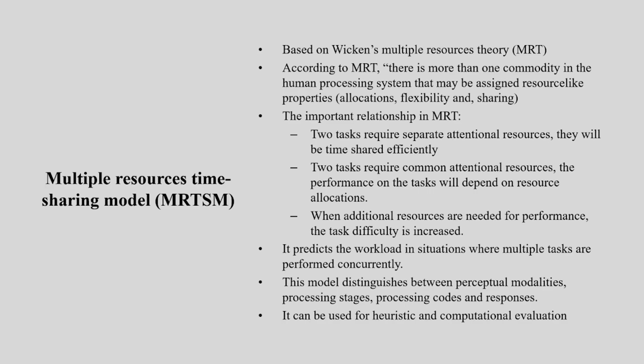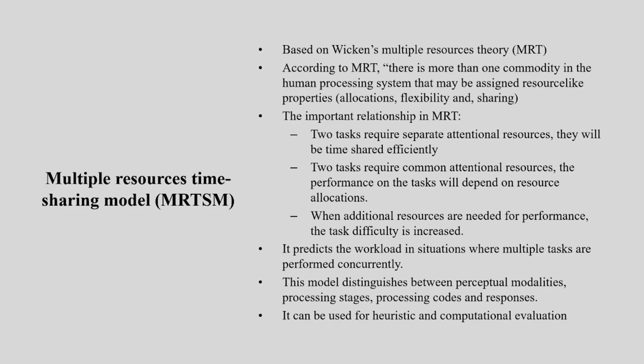First, 2 tasks that require separate attentional resources can be time shared efficiently. Second, when 2 tasks require common attentional resources, somewhere separate, somewhere common, the performance on the task will depend on the resource allocation.